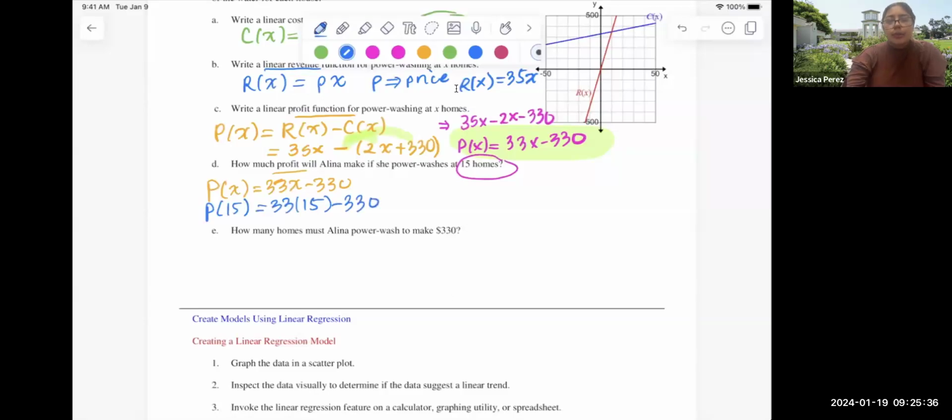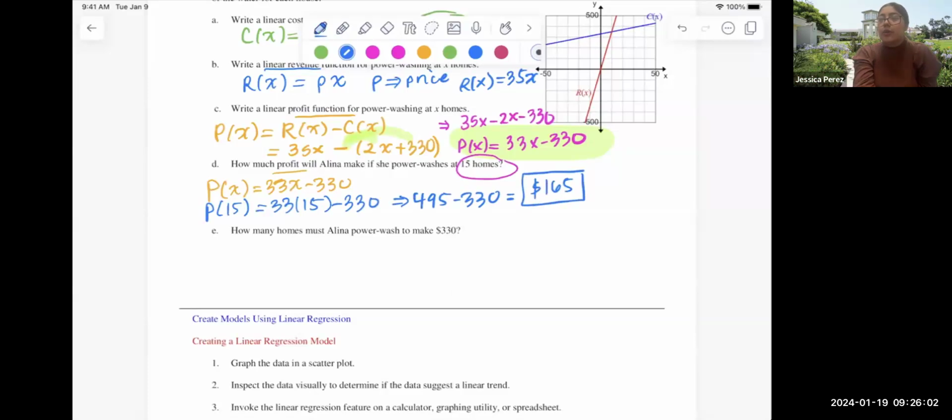So let's go ahead and calculate that. So 33 times 15, I get 495. So 495 minus 330, 165. So it's going to profit $165 for 15 homes.